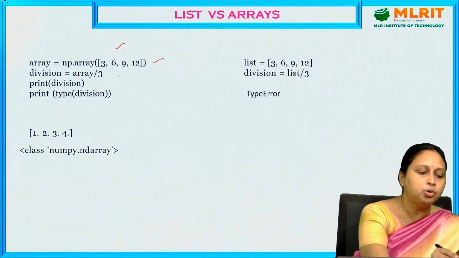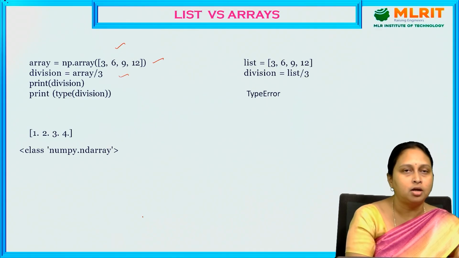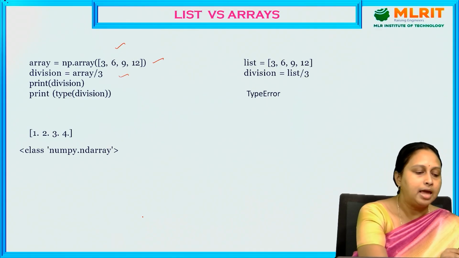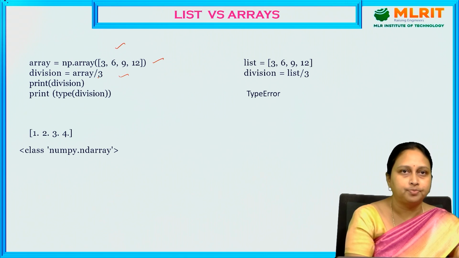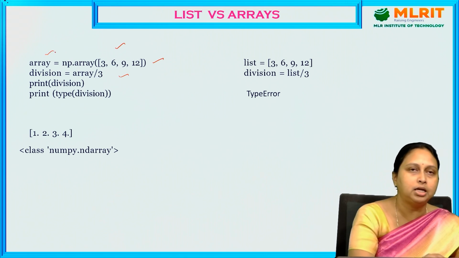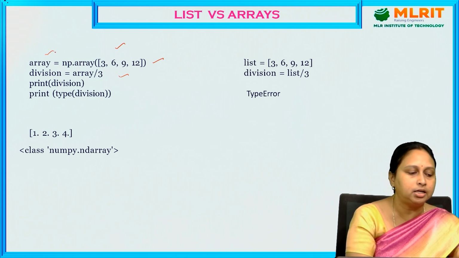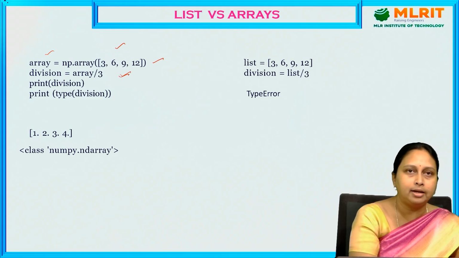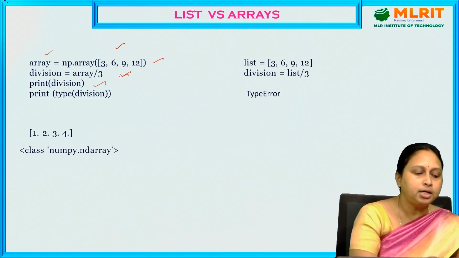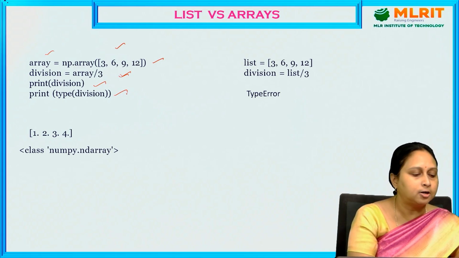Now I am able to perform some division on these array elements. Array divided by 3, right? This is a variable which has been declared for the array, and an object has been created. So I am going to perform the division on this array. I am able to perform it, and the type of that particular division also we can find.